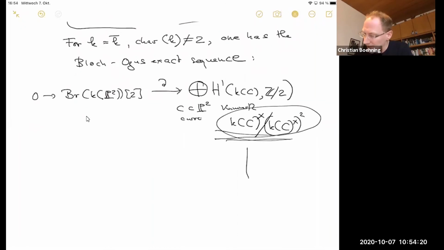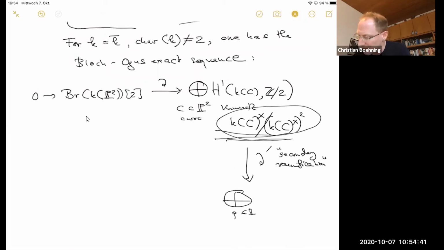And then you have a further map here, say delta prime, if you want, that measures secondary ramification of these covers, and it goes to a direct sum over all points in P2, and here you just get a copy of Z mod 2.